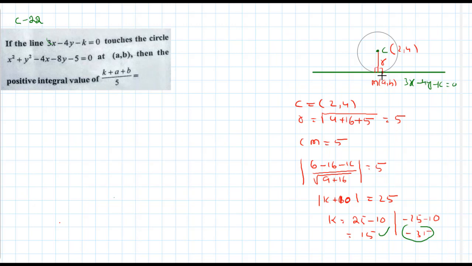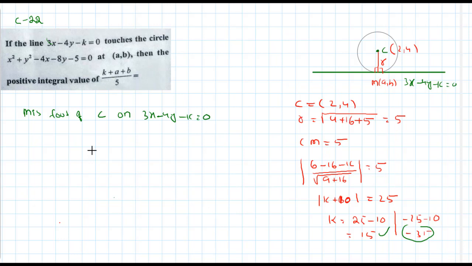Or another way, you can say that M is the foot of C on this line. I want to use the foot concept. M is the foot of C on 3x minus 4y minus k equal to 0.